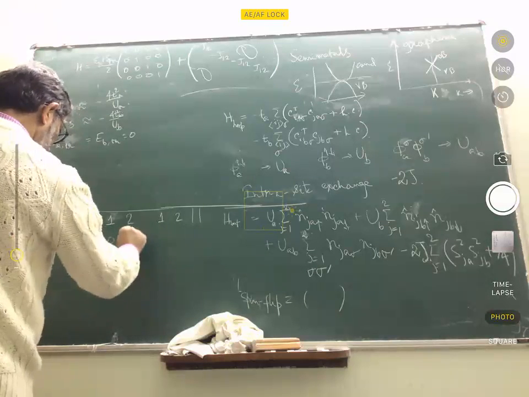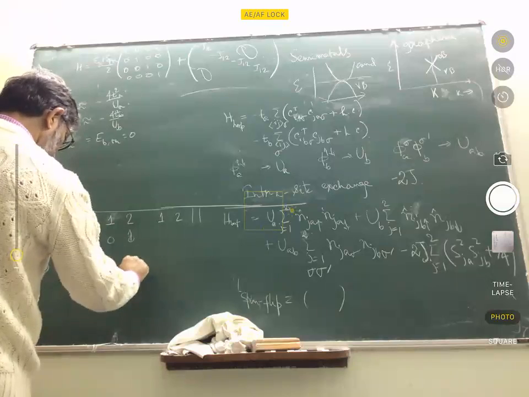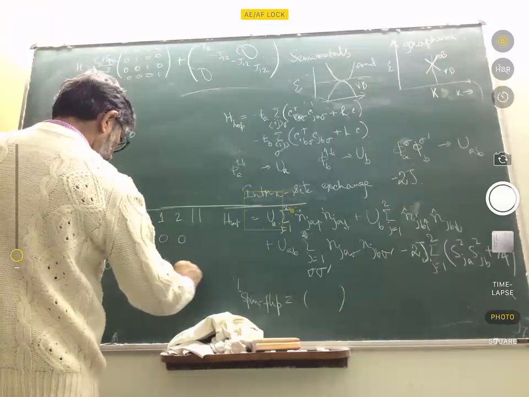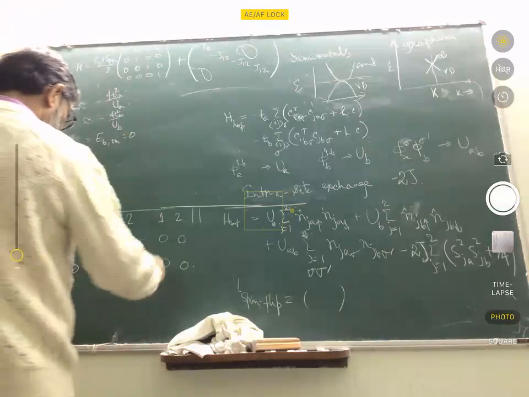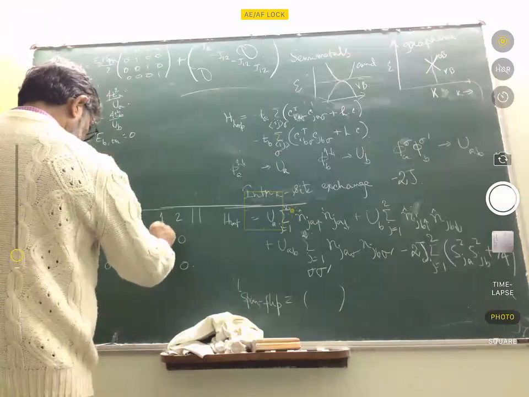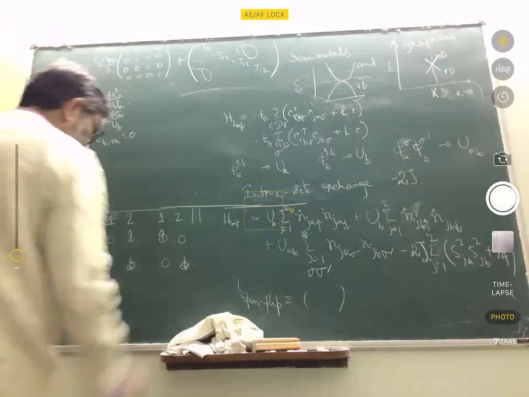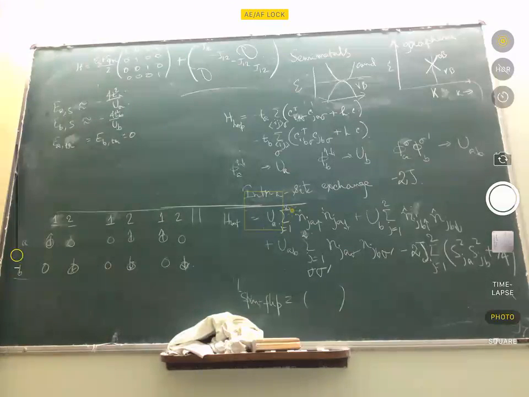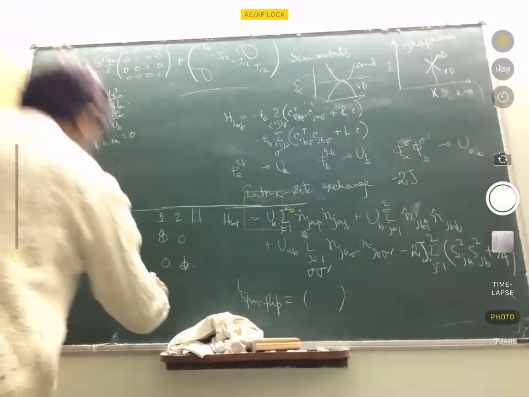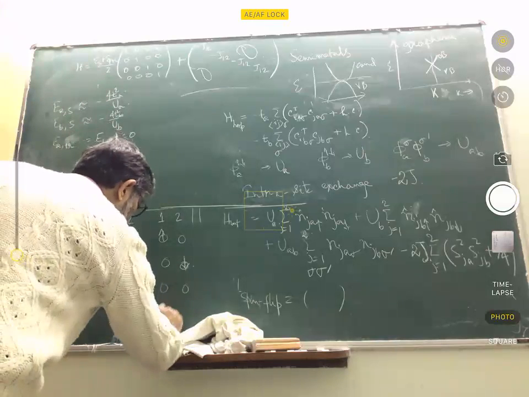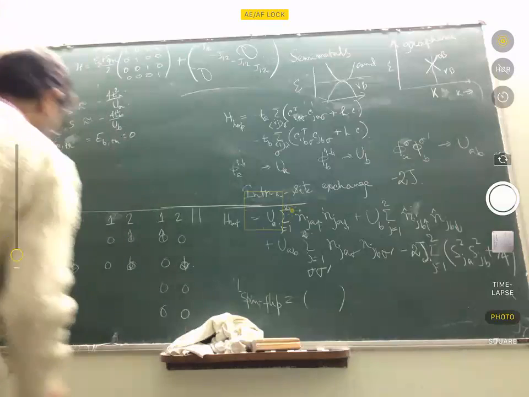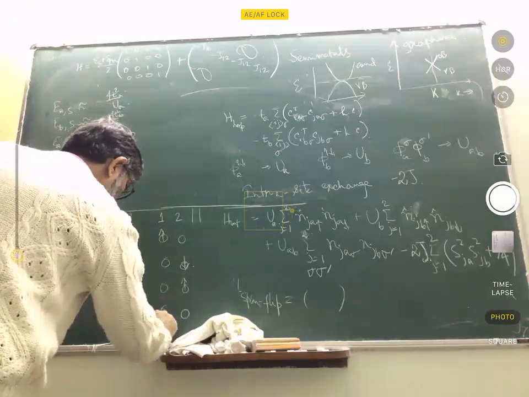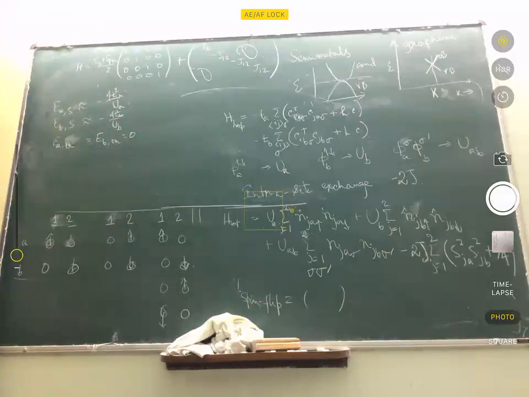I can have this and this. And then I can have that, my original state. Or I could also have this, which is also an AB triplet.